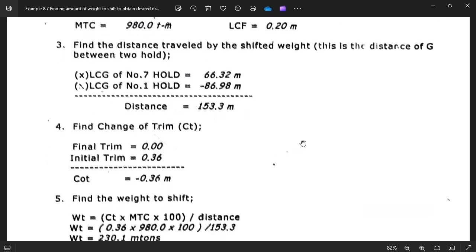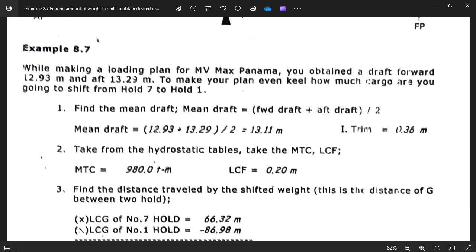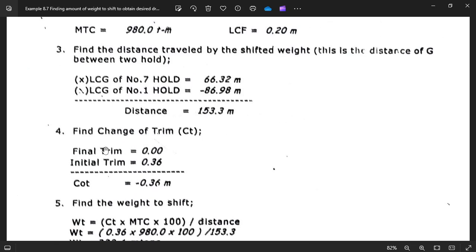Go to number 4. Change of trim. Because our initial trim is 0.36 and we want the final trim to be zero trim or even keel, you subtract and you will have a change of trim of 0.36.